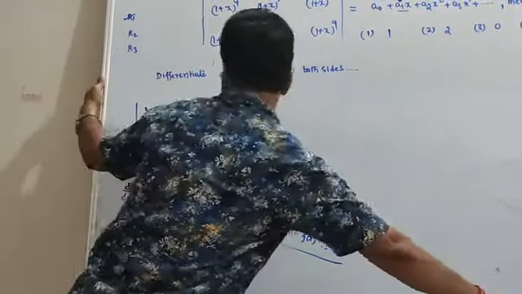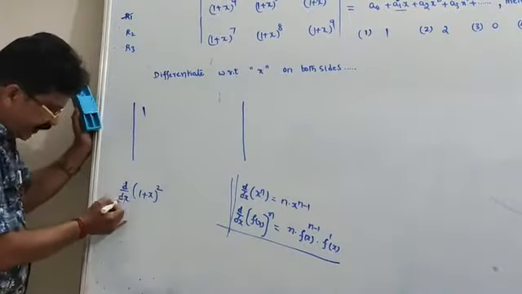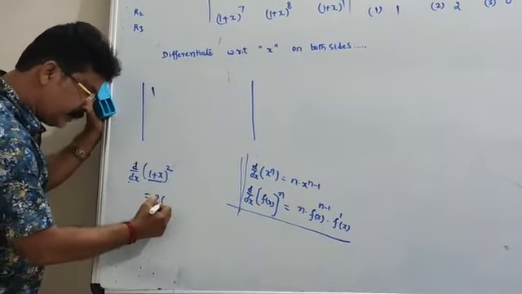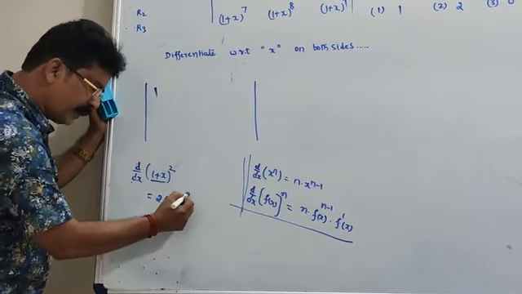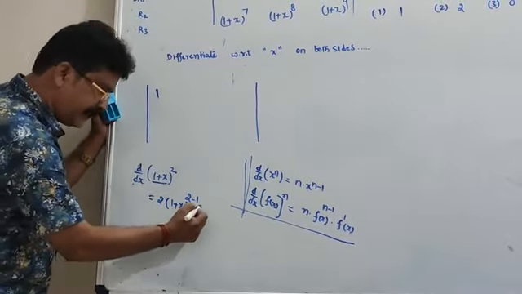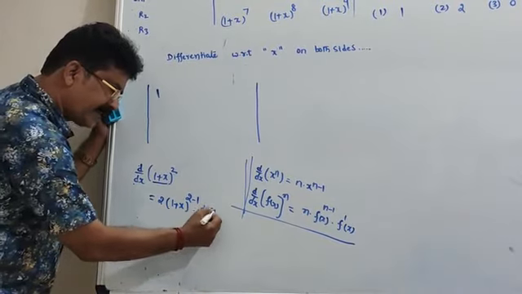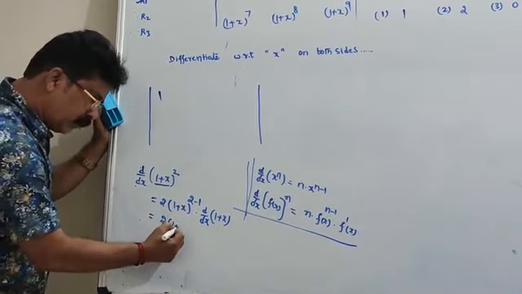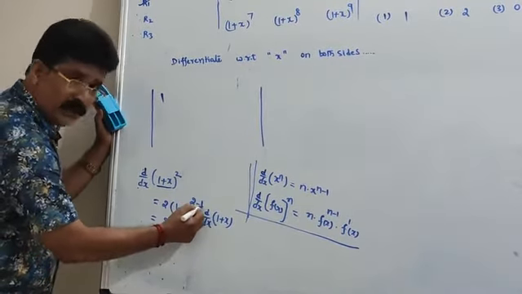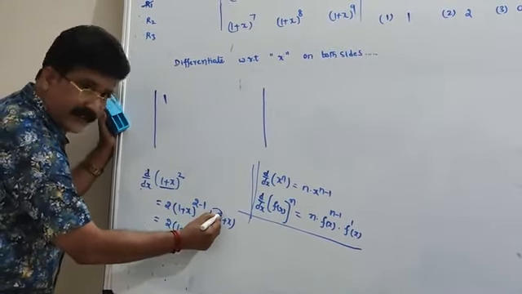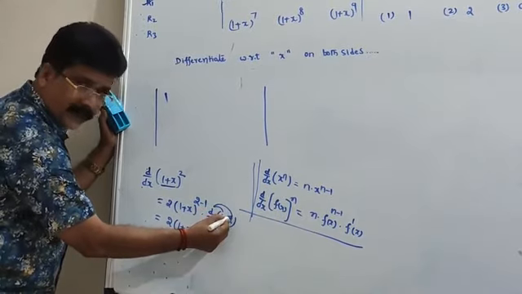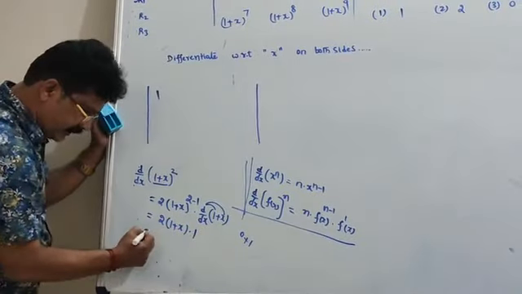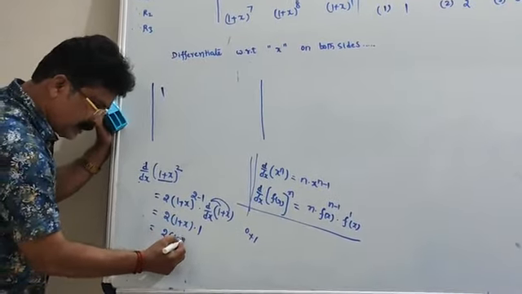Okay. Next, here d by dx of something f of x whole power n, that is equal to n into 1 plus x whole power 2 minus 1 into d by dx of 1 plus x. So that is equal to 2 into 1 plus x to the power 2 minus 1, 1, d by dx of 1, 0, d by dx of x, 1, 0, plus 1, 1 into 1, that is equal to 2 into 1 plus x.